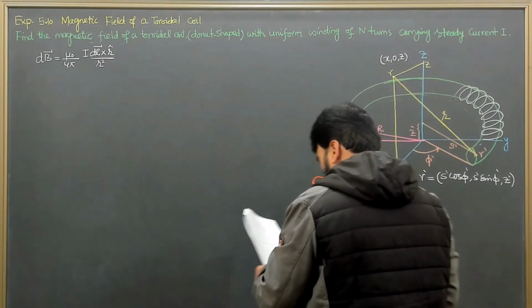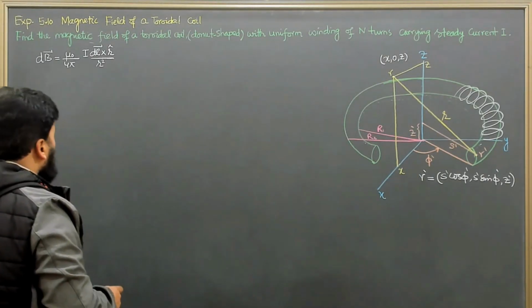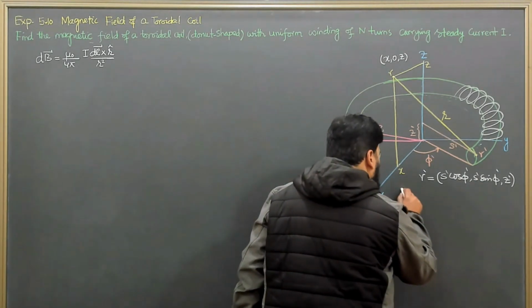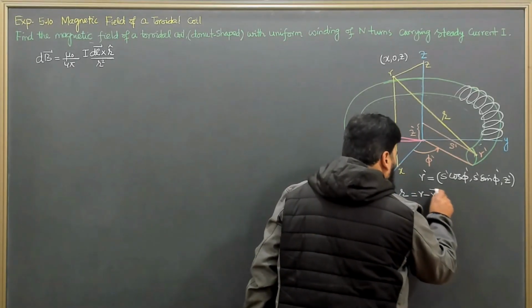This is the coordinates of the source, and then we have the separation vector, which is R minus R prime.